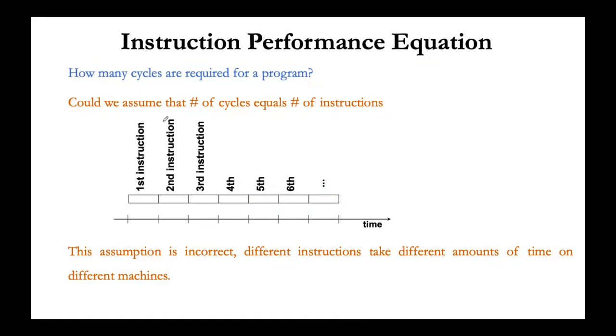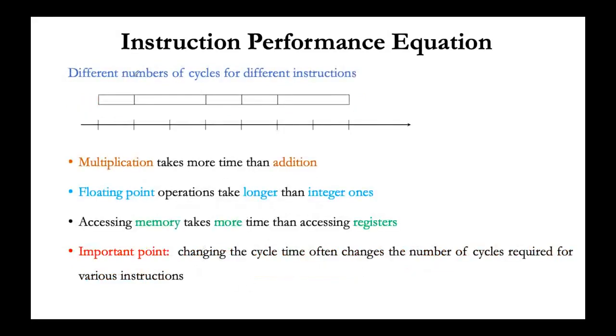So that's the reason for instruction performance: how many cycles are required for a program. We cannot assume that the number of cycles is equal to the number of instructions, because that becomes incorrect. The reason is that different instructions take different amounts of time on different machines, so different numbers of cycles for different instructions.